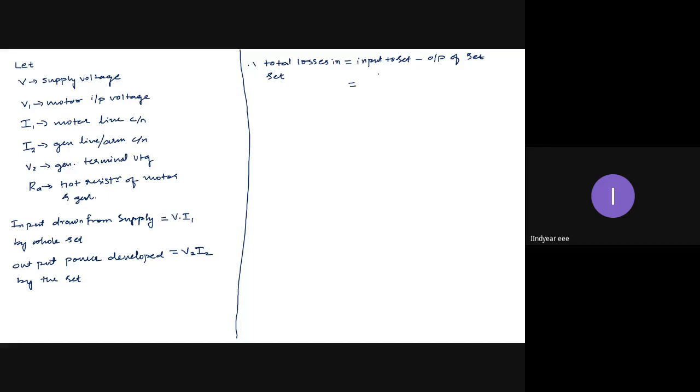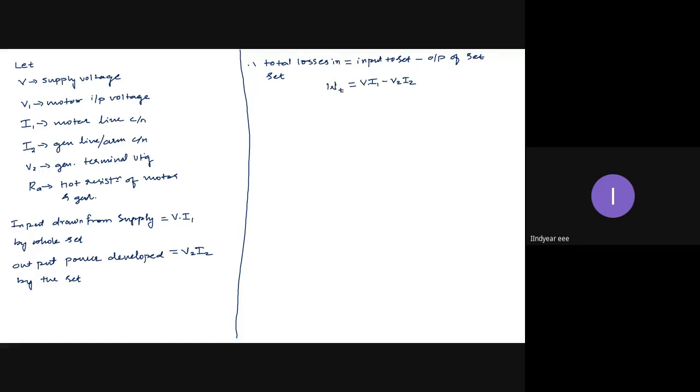So that is equal to V into I1 minus V2 into I2. So this is the total losses. Let me take it as WT.